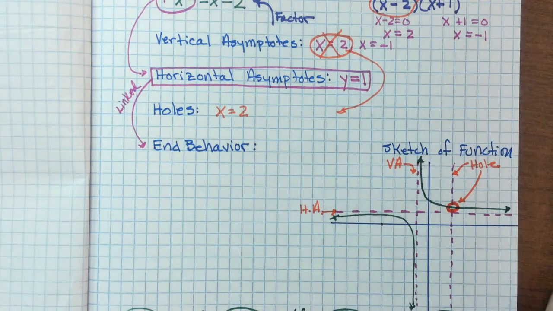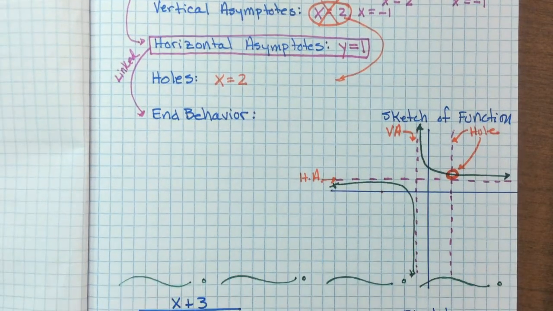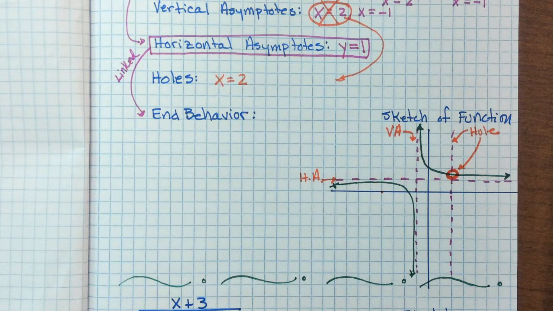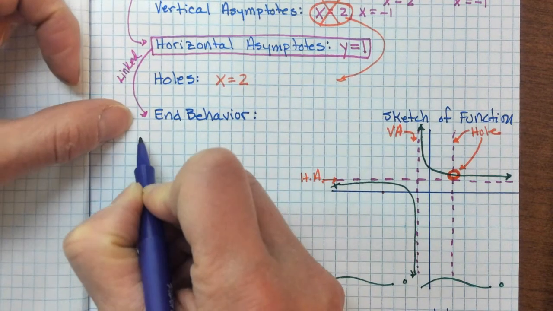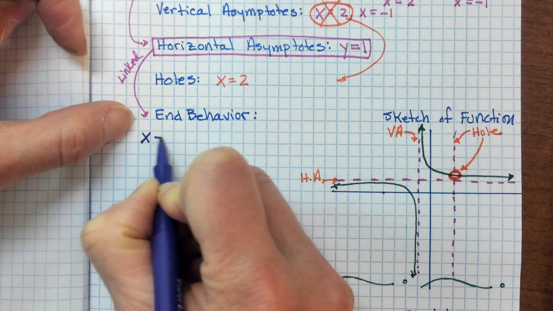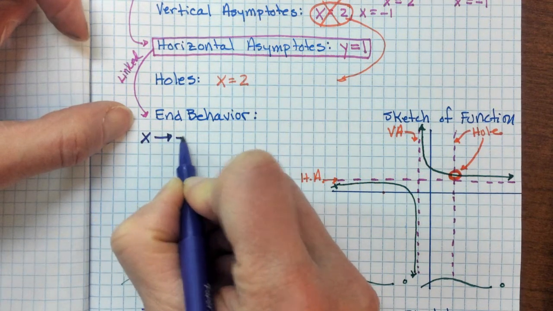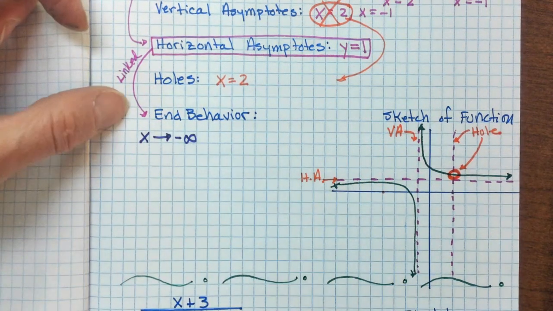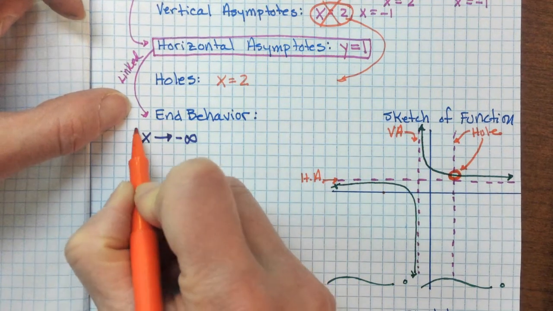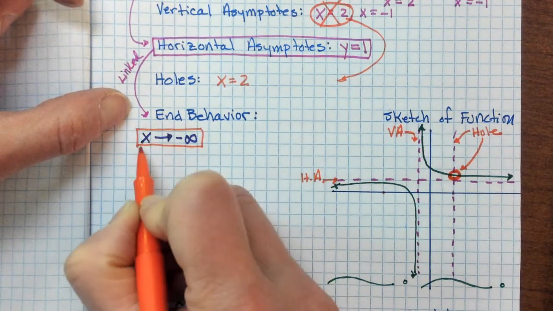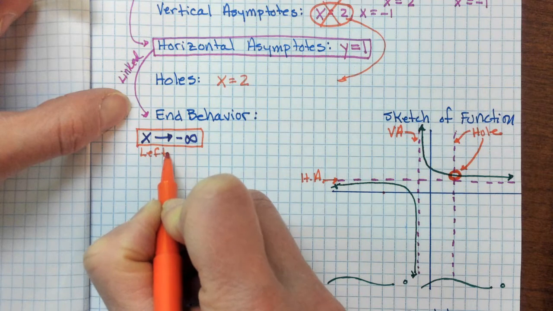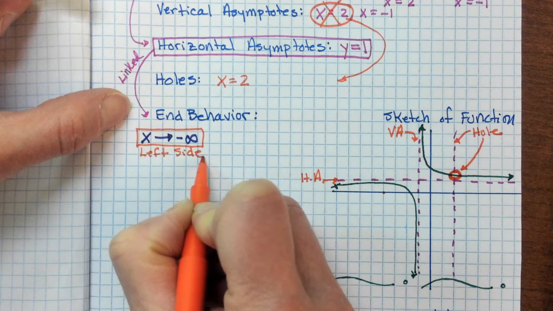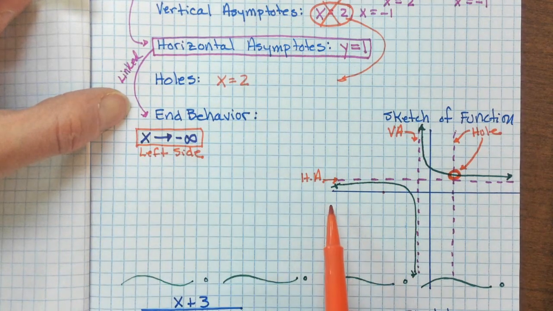Okay, so let's talk about end behavior. I'm going to review because some students are still a little confused about the notation. If I have x goes to -infinity, this means the same thing as the left side. So where is the left side?